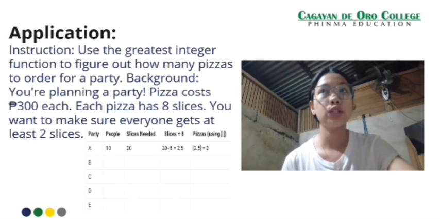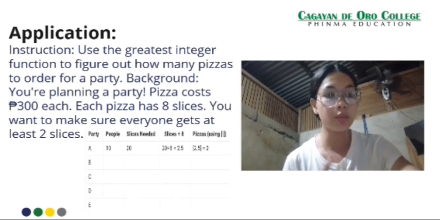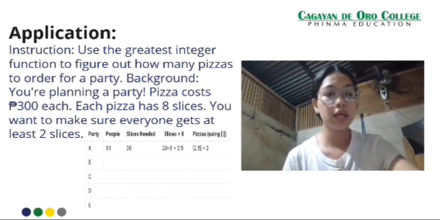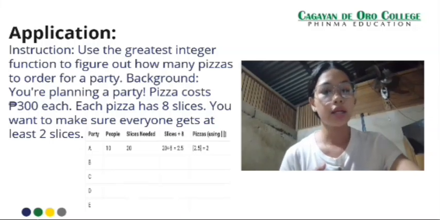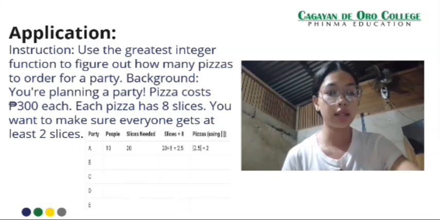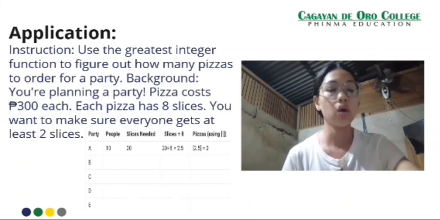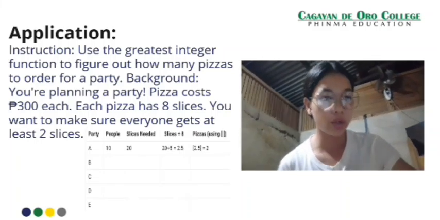Why 8? Because that means 8 slices per pizza. Using the floor function, or the greatest integer less than or equal to 2.5, is 2. That is our final answer. Okay.